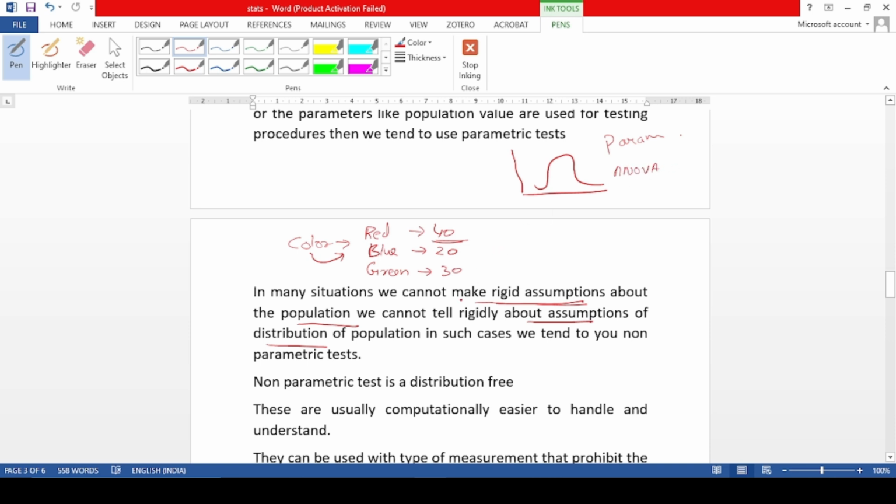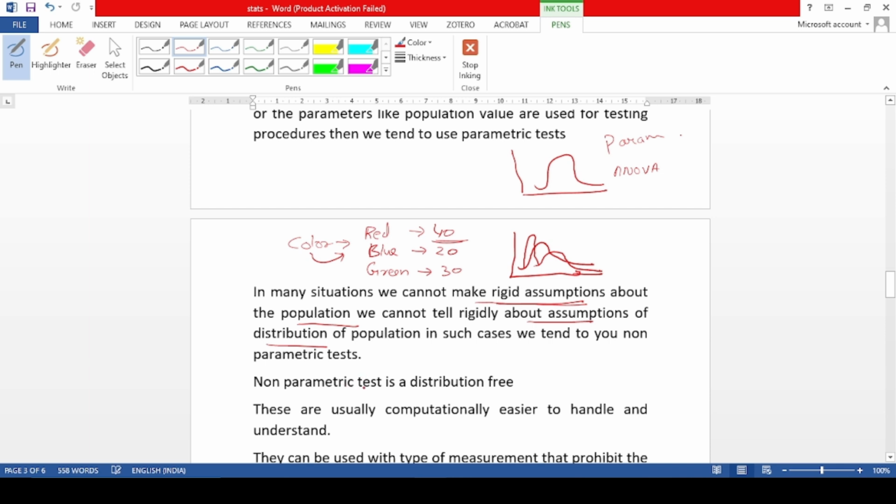But in the case of non-parametric tests, these curves can vary. It can be of some form like this, or a long-tailed curve, and it depends on the degrees of freedom also. We will not go into that much discussion, but these curves may vary according to degrees of freedom or according to the shapes.